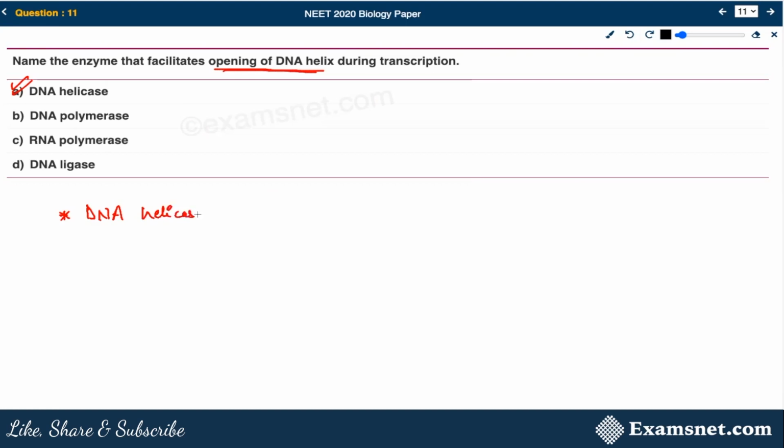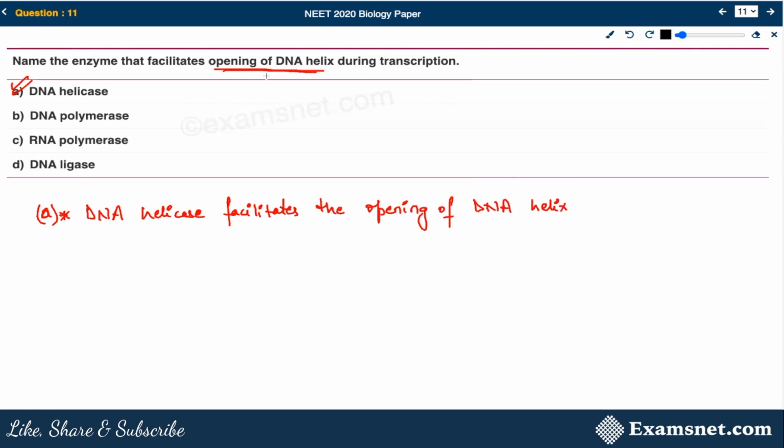DNA helicase actually facilitates the opening of DNA helix. This is option A, all right. Clear? This will be the case.